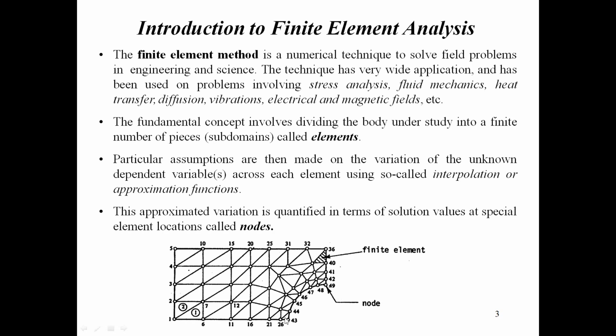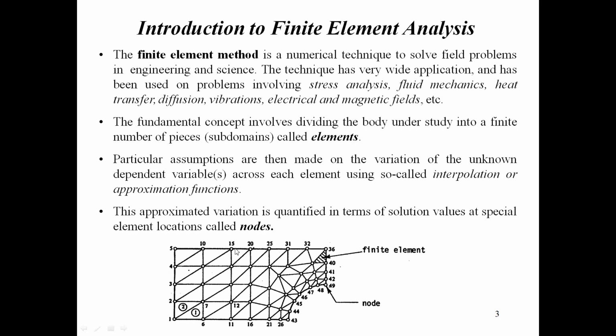Check the figure in this slide. This is a plate with a curved shape at the bottom. This body is divided into a number of parts, and each single triangular part is nothing but an element. The corner point of each element is nothing but a node.